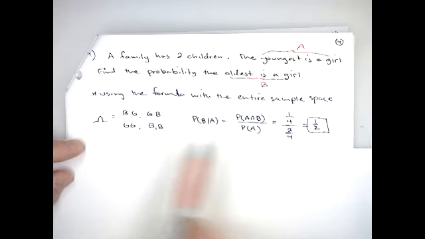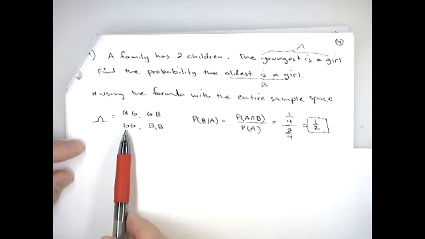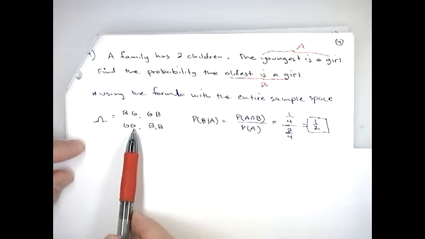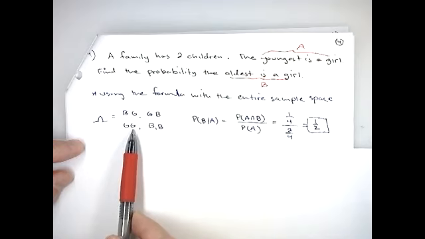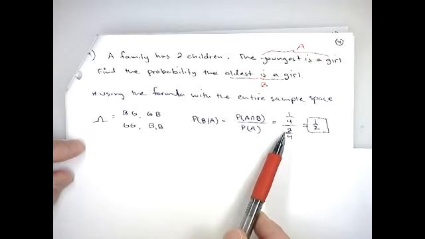Youngest is a girl, we're looking at the last one if you think about it, right? Because the firstborn is the oldest, the second one is the youngest, so that would be this one and this one. So these 2 out of 4. And that gives you 1/2.